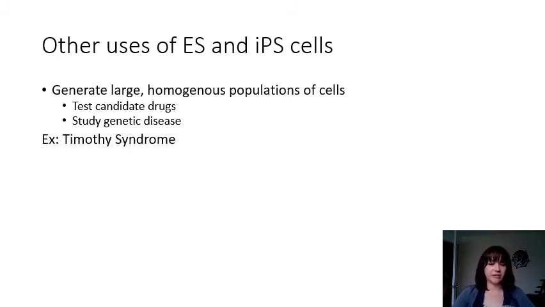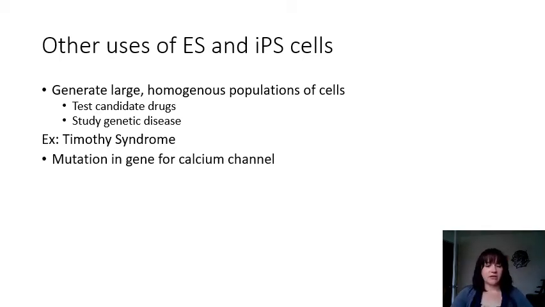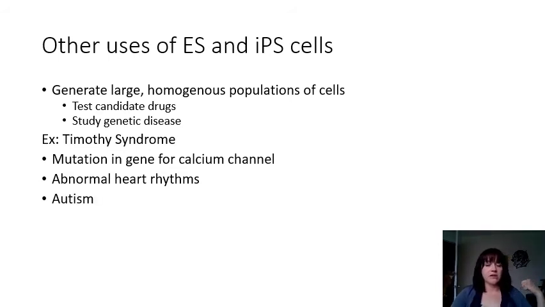I'd like to show you an example in the case of Timothy syndrome. This is a genetic disease that is caused by a mutation in a calcium channel. And there are a variety of symptoms in different organs, such as abnormal heart rhythms and autism.